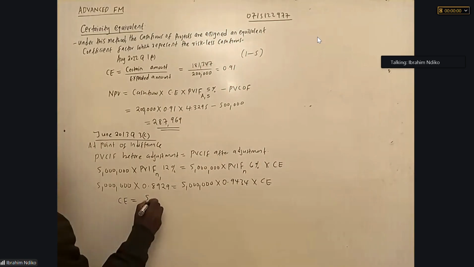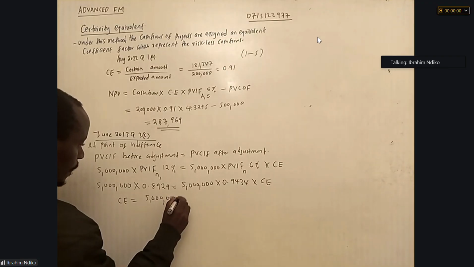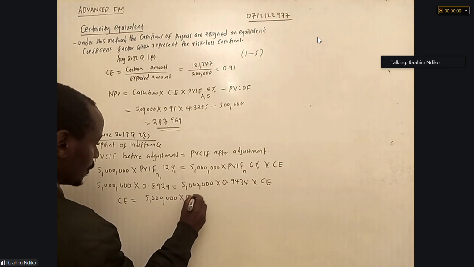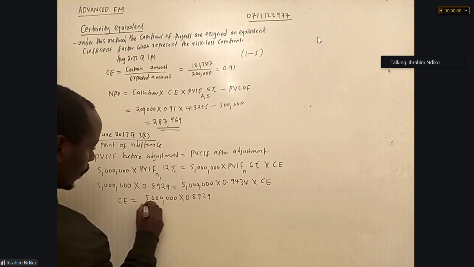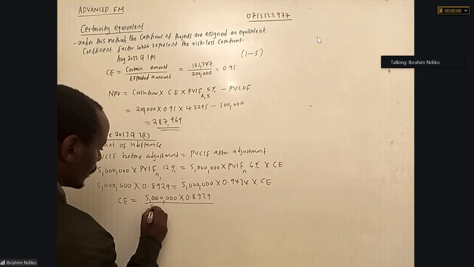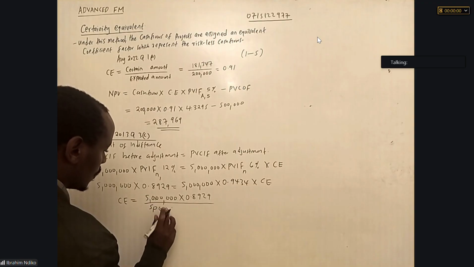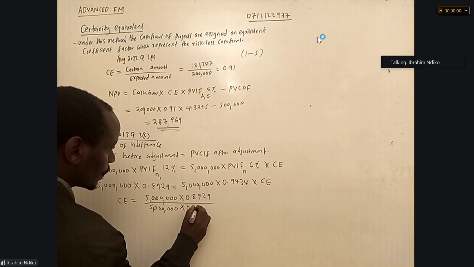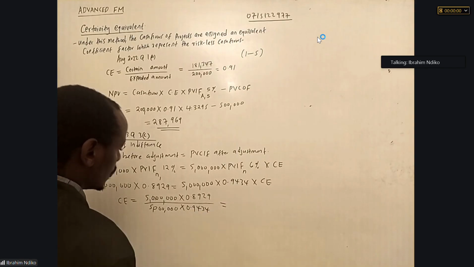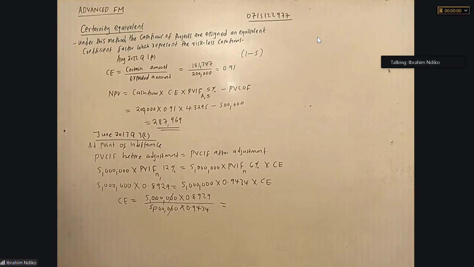Equivalent will be equal to 5 million times 0.8929 over 5 million times 0.9434. So this one and this one will cancel out. So 0.8929 divided by 0.9434, 0.94.